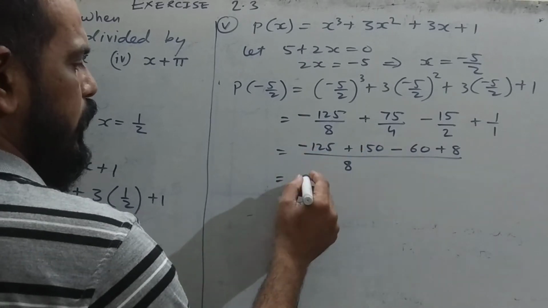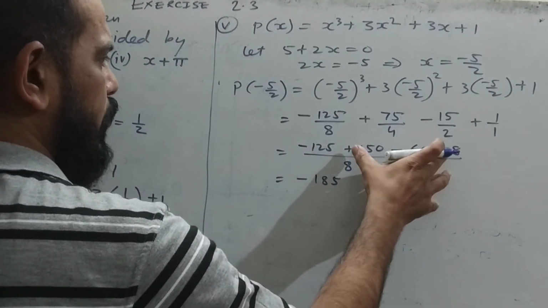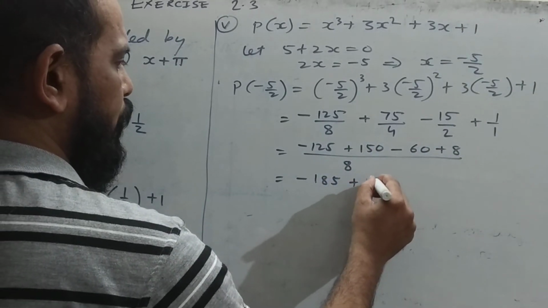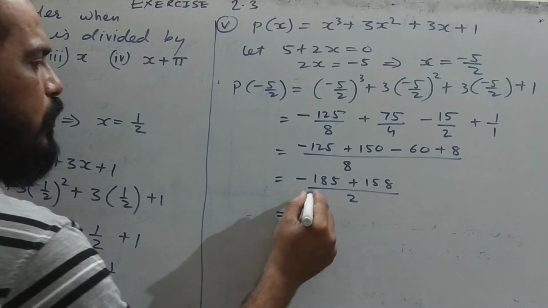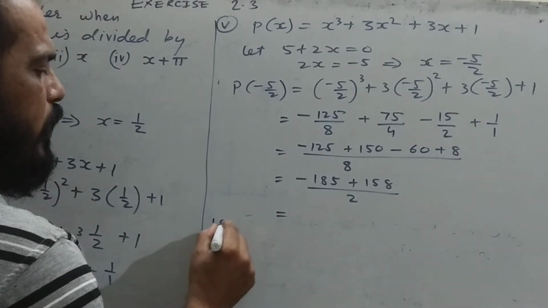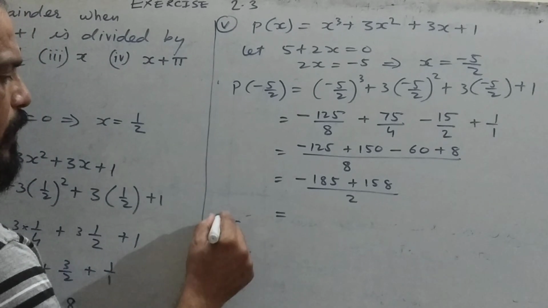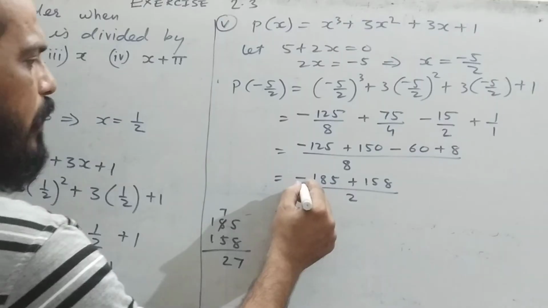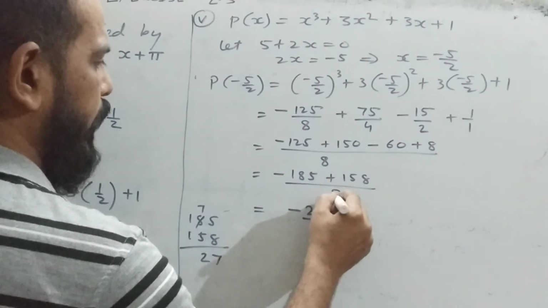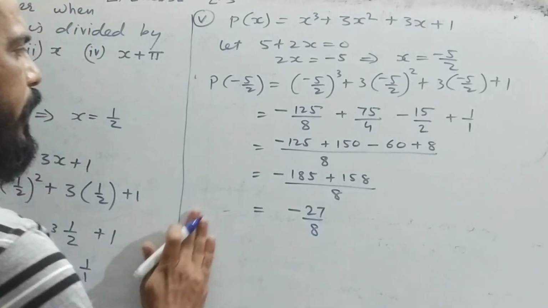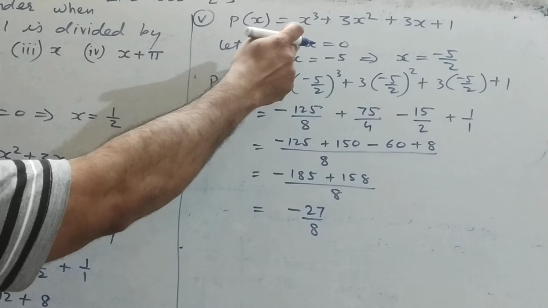These two are minus, it is minus 185. And this is plus 158 upon 8. So minus 185 plus 158: this is 7, this is 2; the sign will be of the greater number. Minus 27 upon 8 is the remainder when p(x) is divided by 5 plus 2x.